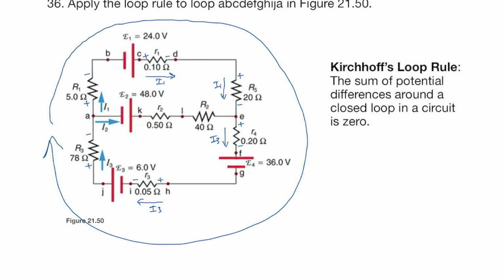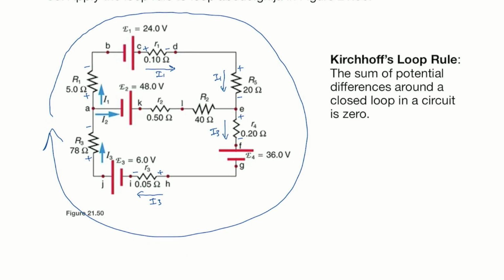All right, so now we start at junction A, and we just go around clockwise. So the first circuit element we see is resistor R1. The last thing we see is the minus sign. So we start with minus I1 R1.